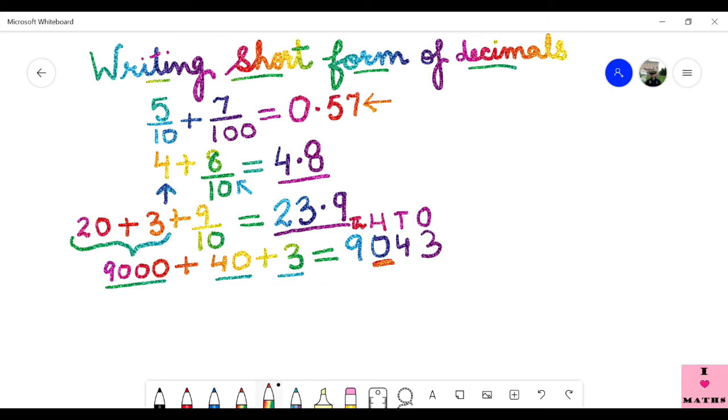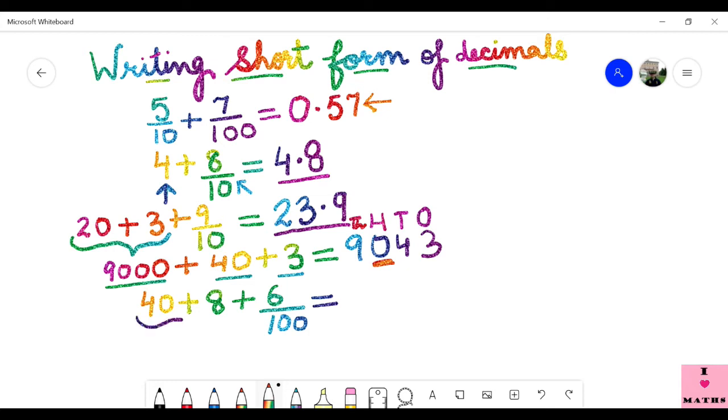Similarly, if we have an expanded form like this: 40 plus 8 plus 6 upon 100. Here we have nothing upon 10. So it means there is 0 upon 10.